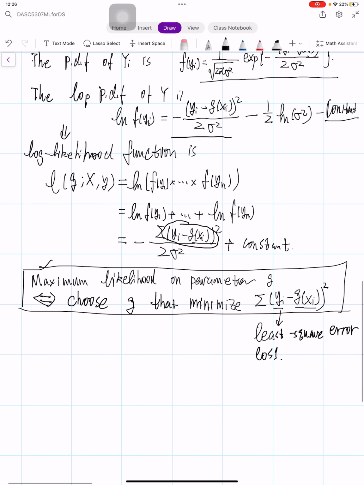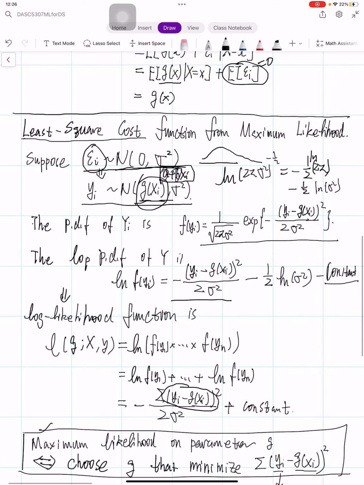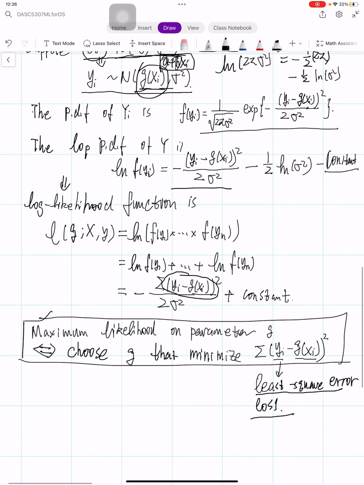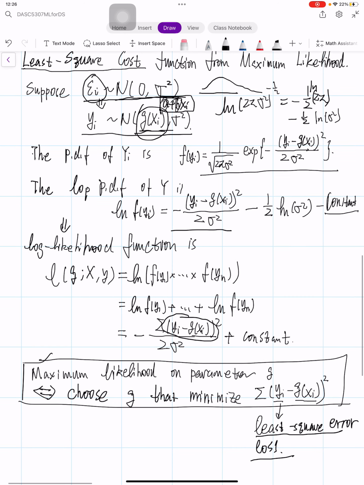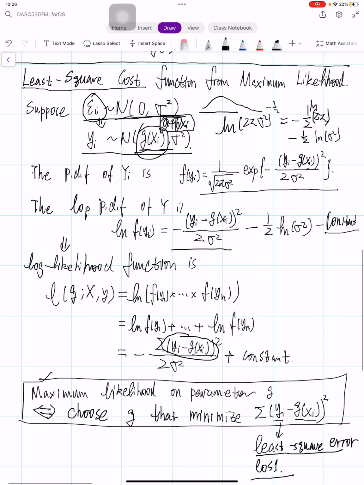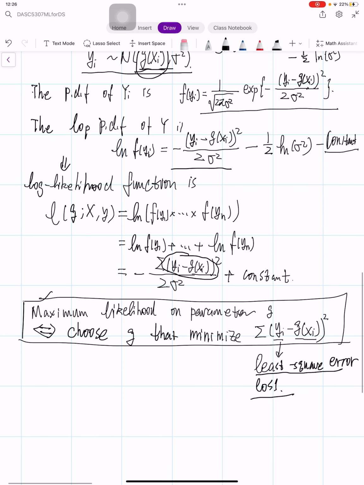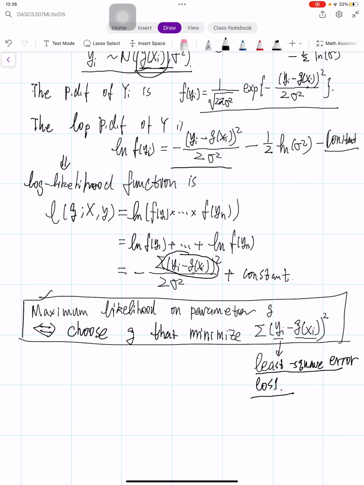If that's the case, maybe the least square error loss may not be the perfect choice. So in this short video, I gave you some idea why, in regression problems, we minimize the least square error loss. And in the next video, I will tell you more about the logistic regression loss.